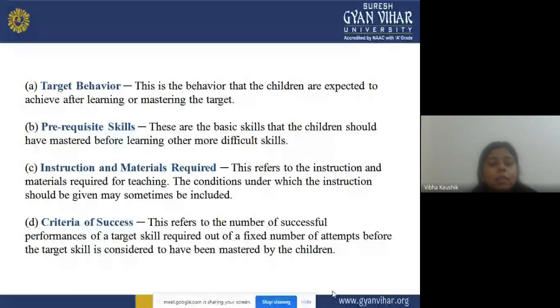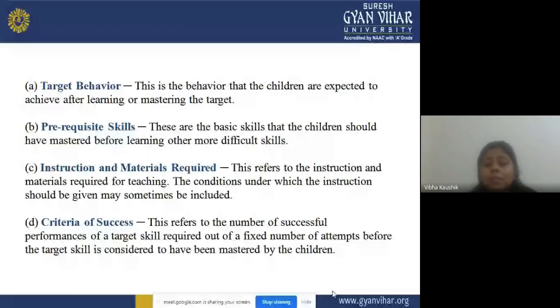These are the basic skills that the children should have mastered before learning more difficult skills. This means the pre-knowledge of those skills before the students learn the more difficult skills.